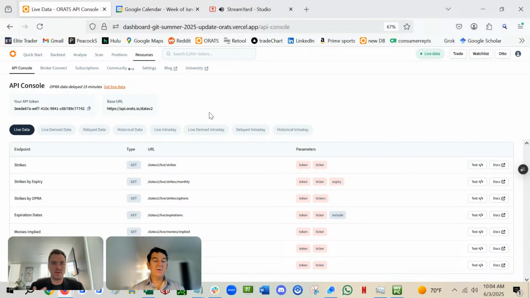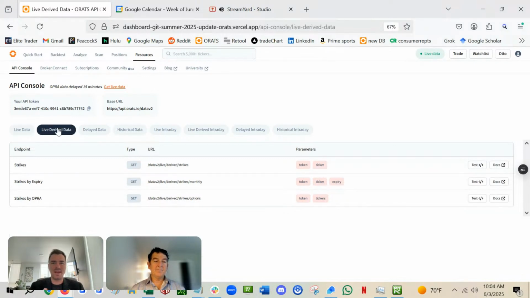When it comes to current data, we have a derived option, which is available to pros and enterprises who are looking to offer data in their platforms, but don't necessarily want to pay the exchange fees or the OPRA data fees for offering some data.